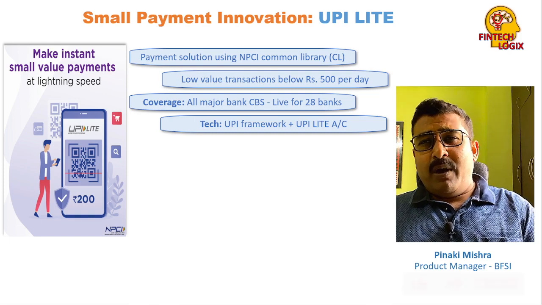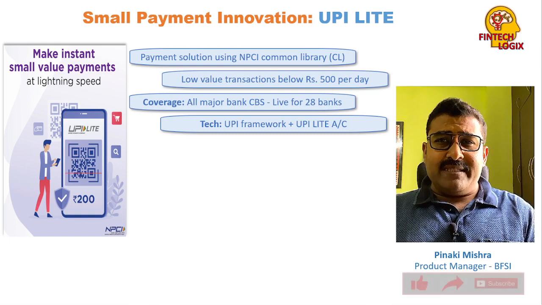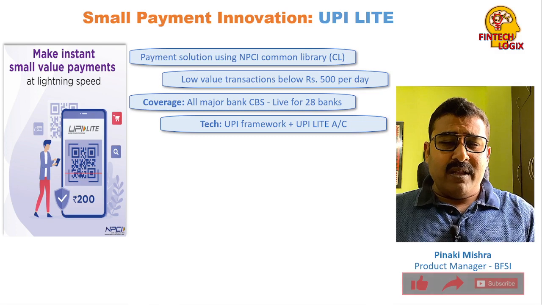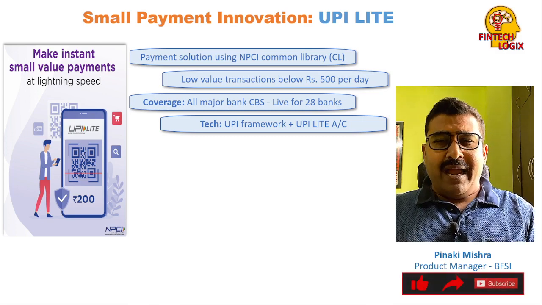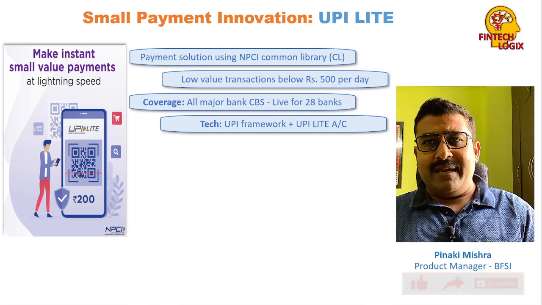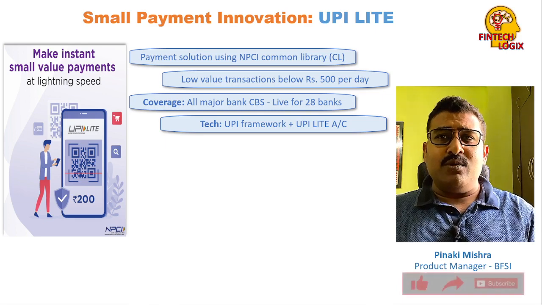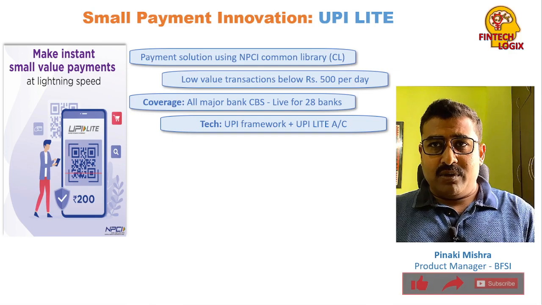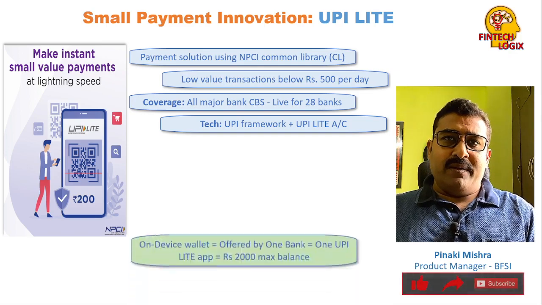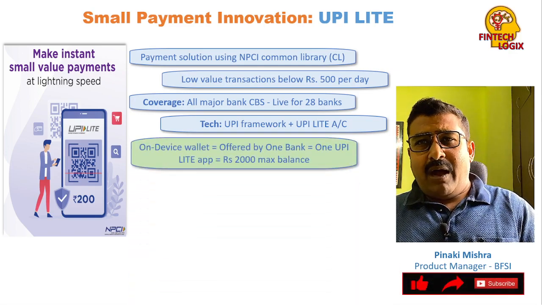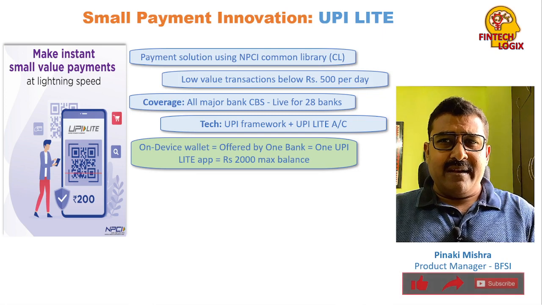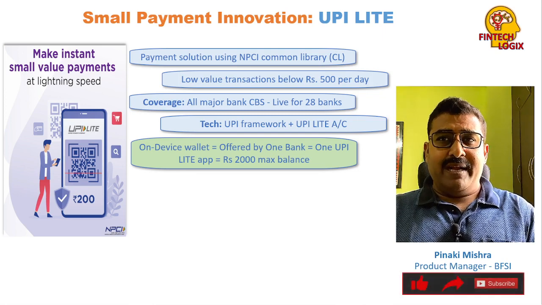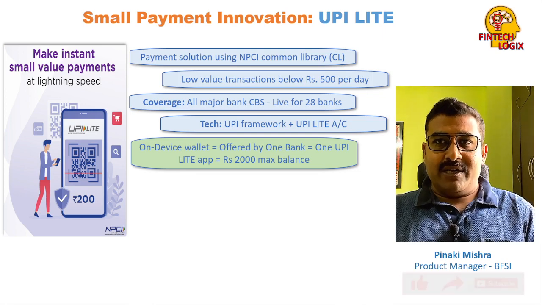If we talk about the technology behind this, as we talked before, this also uses the same UPI framework, and in addition to that, the user has to create a UPI LITE account to do it. Now, how does it work in simple words? We create an account on a device, that means a mobile or a smartphone device.